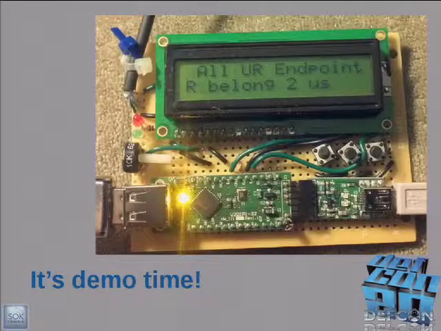The pot you see there is just for adjusting the LCD, and then I have a red light and a green light for the write blocking status. It comes on initially write blocking, so the green light should be on. The leftmost button can be used to toggle that status, and then the other buttons are used to set the VID and the PID.